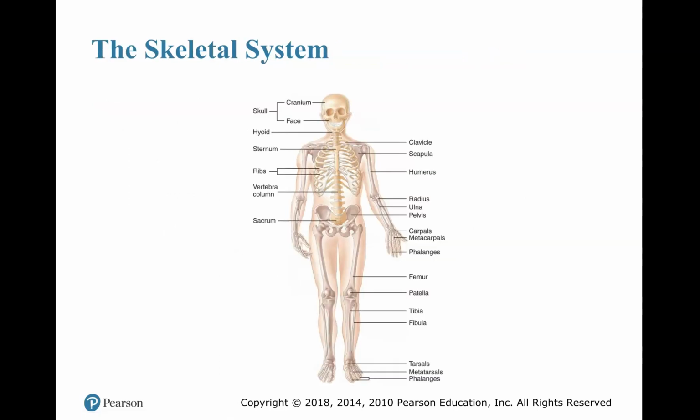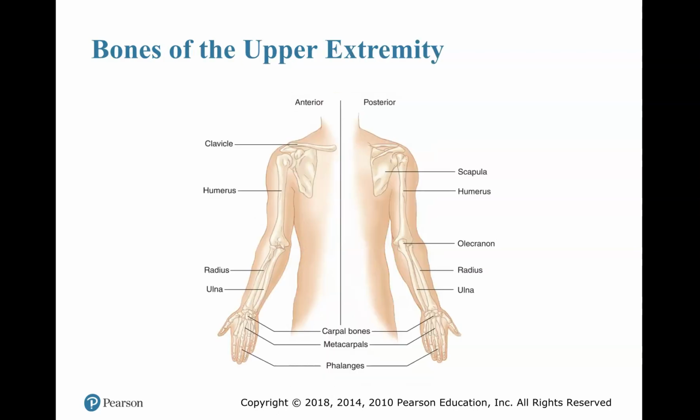And here's your skeletal system. We've already went through these bones in anatomy and physiology. Here's a review for you. Please make sure you're familiar with these different types of bones and where they are located. Upper extremity bones.